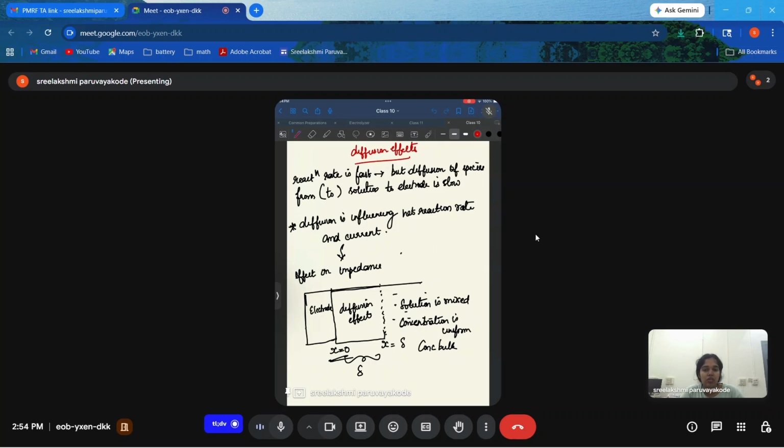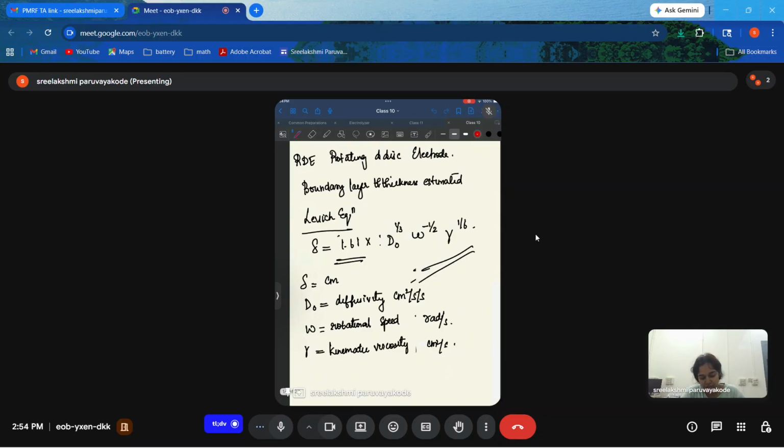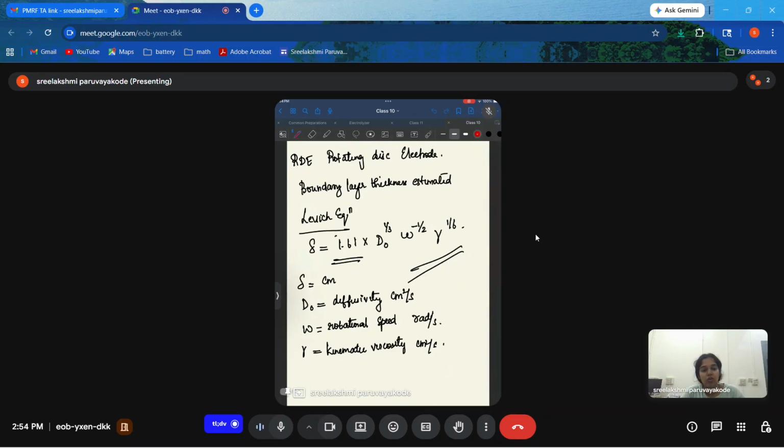We say that at the electrolyte interface, there is a small thickness delta where this concentration gradient is present. So we can go for rotation, where convection effects come into play, the mixing happens, the reactant molecules are easily available, and the products can easily get out of the surface.